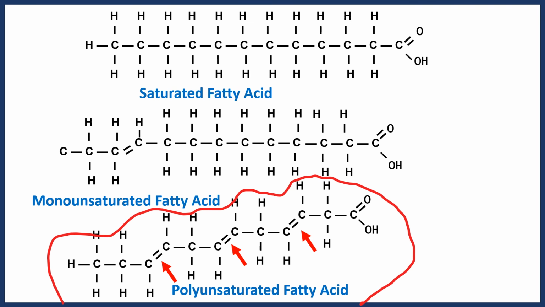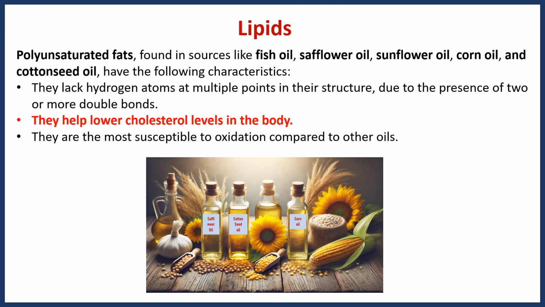Notice that it has multiple double bonds in its fatty acid chain, which is why it is called polyunsaturated. These double bonds create kinks in the structure, preventing the fat molecules from packing tightly together. The good thing about polyunsaturated fats is that they can help lower bad cholesterol levels in the body, lowering the risk of heart disease and stroke.